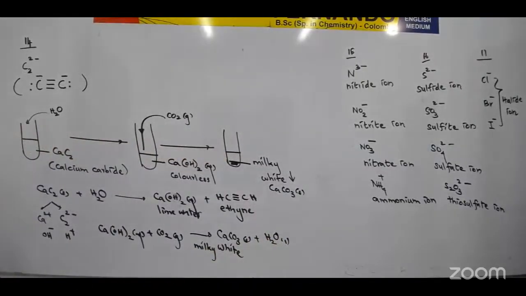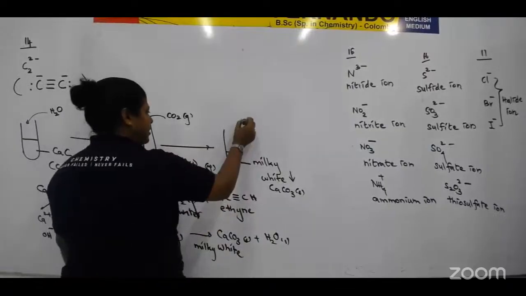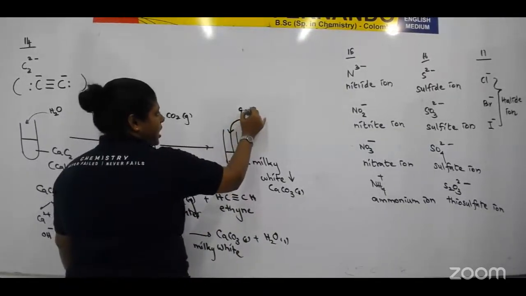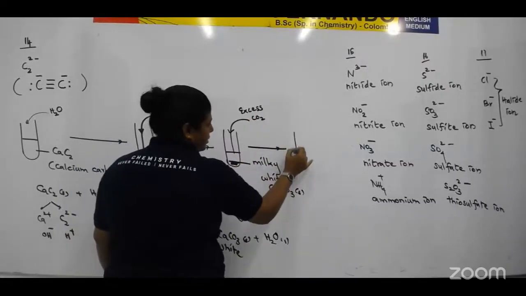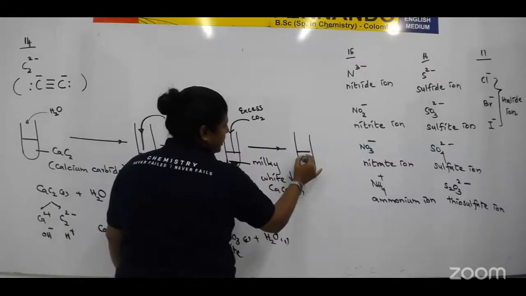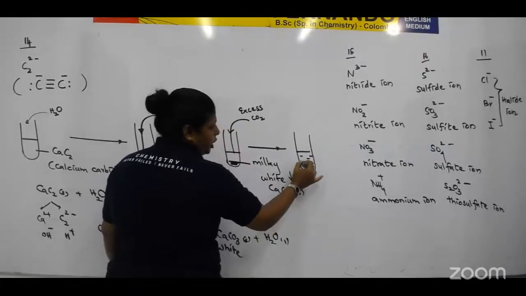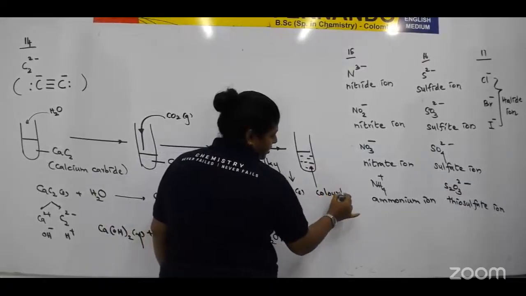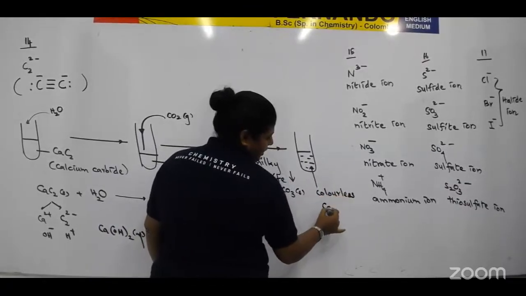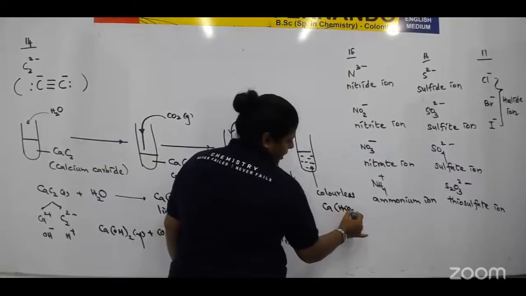The reaction is balanced. Then when we give excess carbon dioxide, what happens? The white precipitate dissolves to produce a clear, colorless solution, that is calcium bicarbonate.